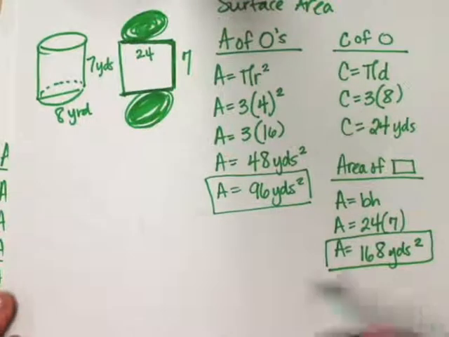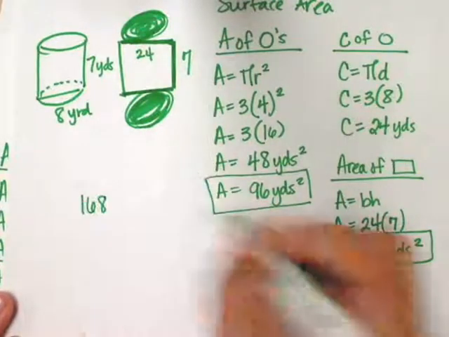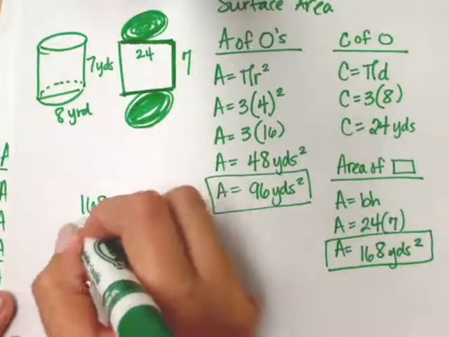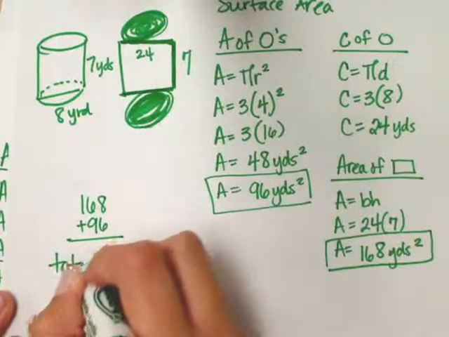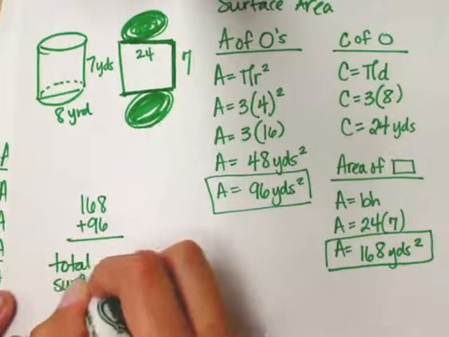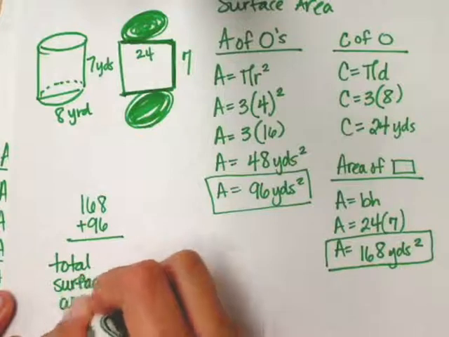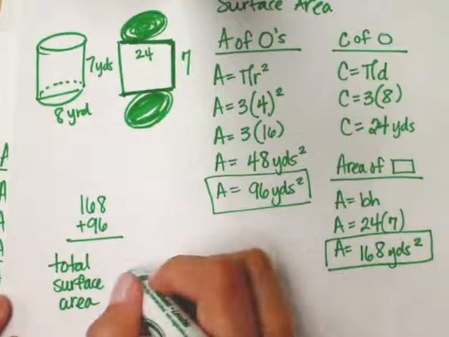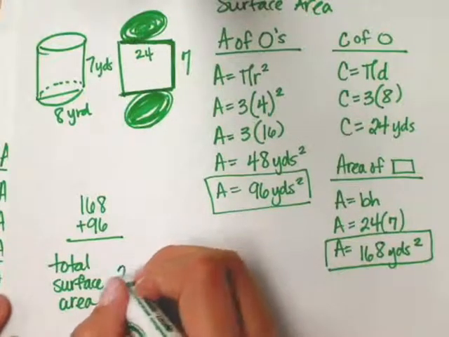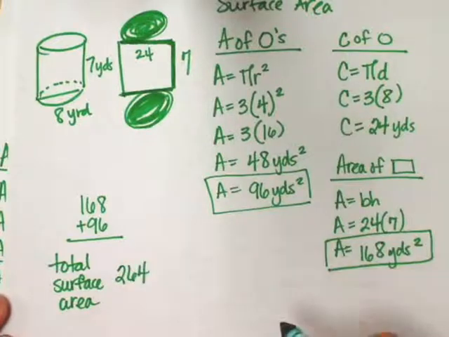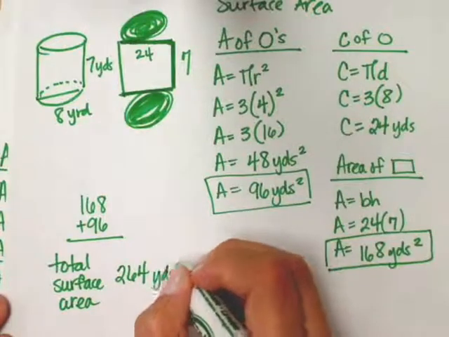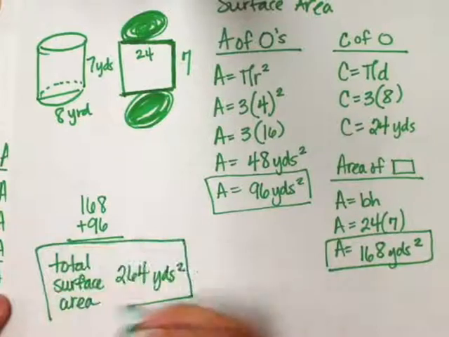Add them up. Add 168 and 96. What'd you get? 264. Agree or disagree? 264 what? Square yards, yards squared. Good.